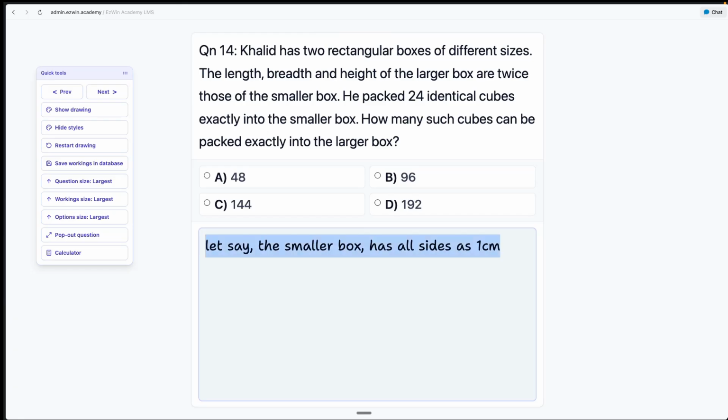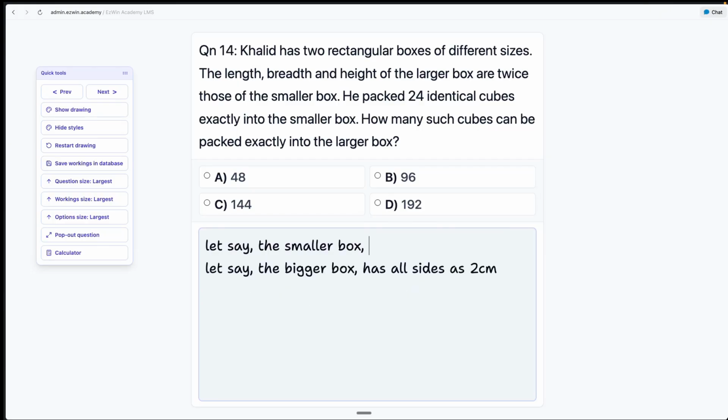Okay, and let's say the bigger box, even though it's rectangular, let's put it something simple. Actually, if you want, you can put rectangular boxes as not all sides the same. Okay, let's make it a little bit different. Let's say the smaller box has height, so length and breadth.